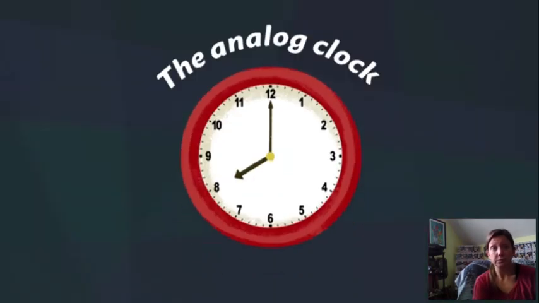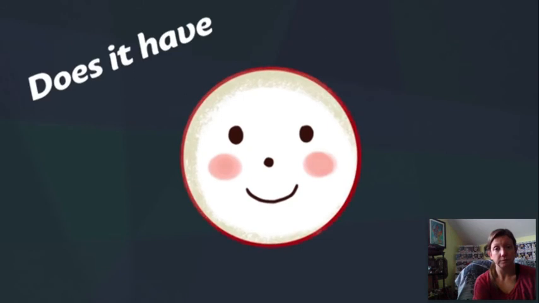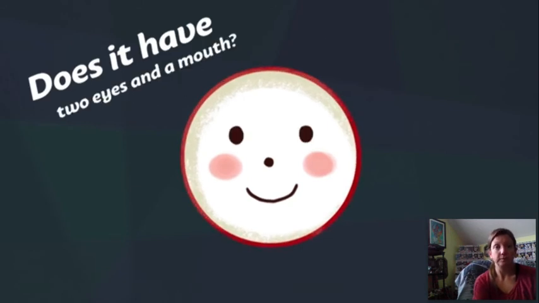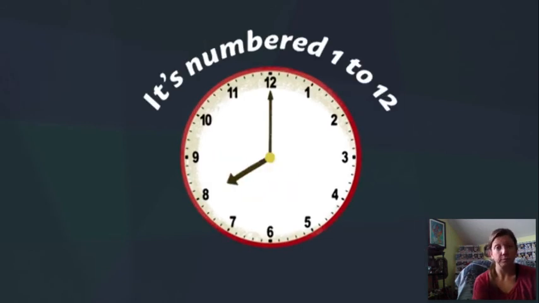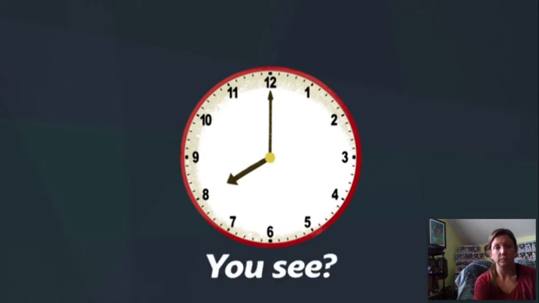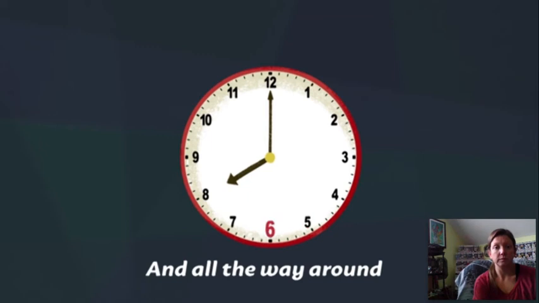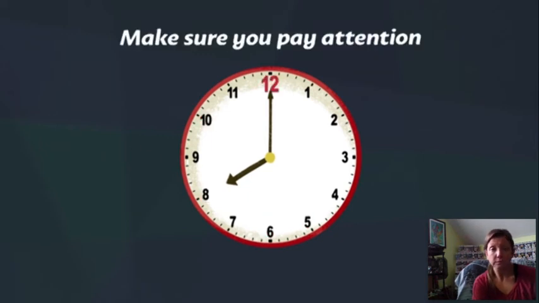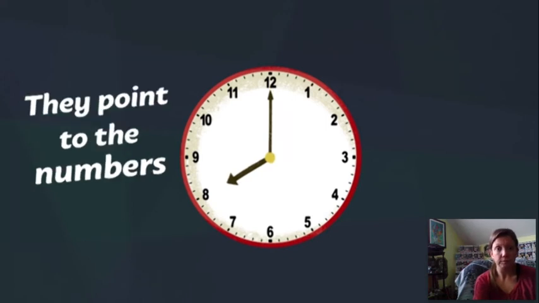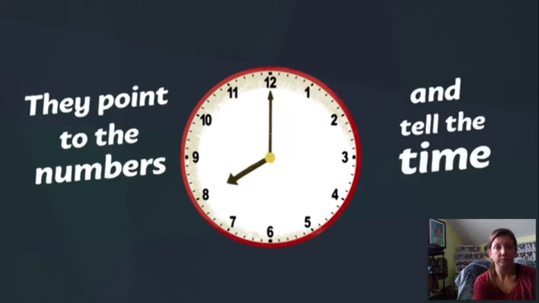Come on. The analog clock has a part called the face. Does it have 2 eyes and a mouth? No way. It's numbered 1 to 12 in the circle, you see. Okay. 12 is at the top, then it goes 1, 2, 3, and all the way around and back to 12. Make sure you pay attention to the hands as well. They point to the numbers and tell the time.